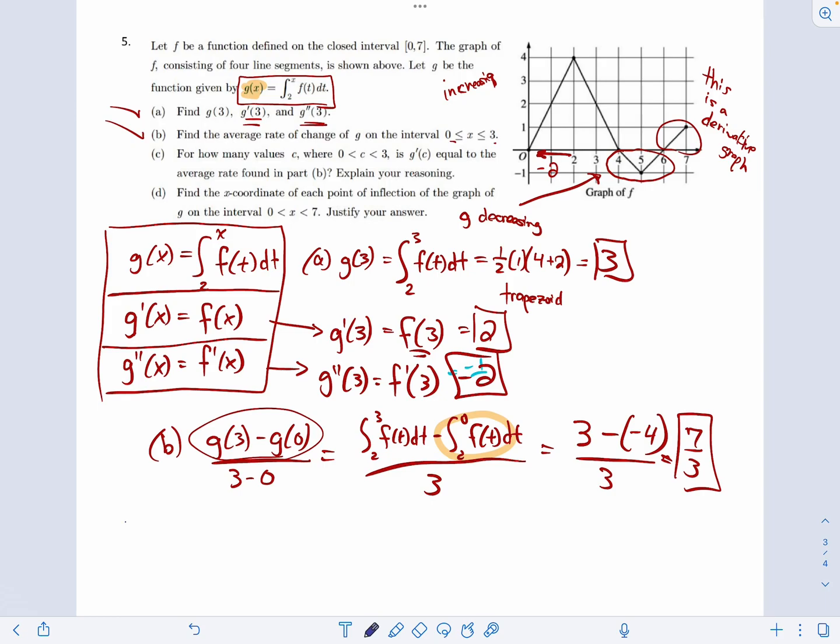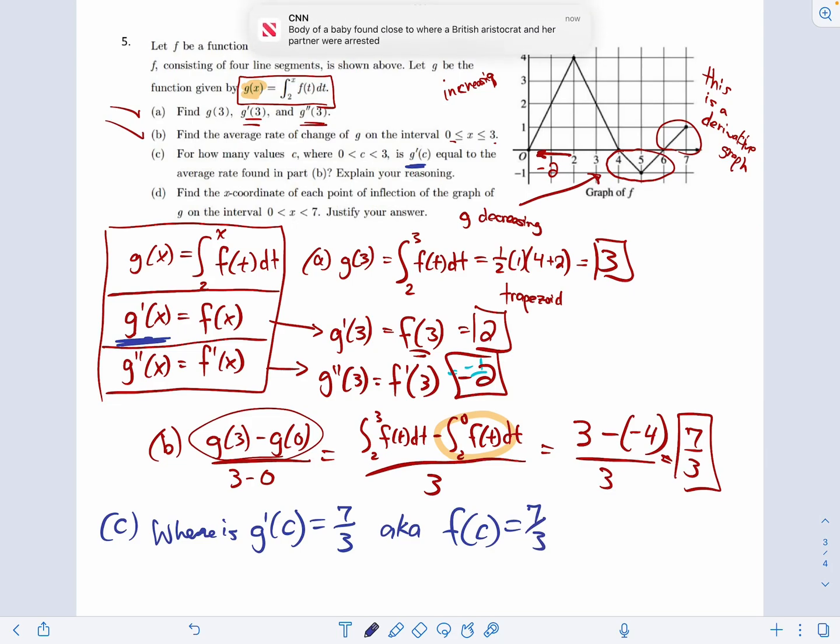So where is G prime of C equal to 7/3? Well, G prime of C, that's the derivative of our function. That's also known as f of C equals 7/3.